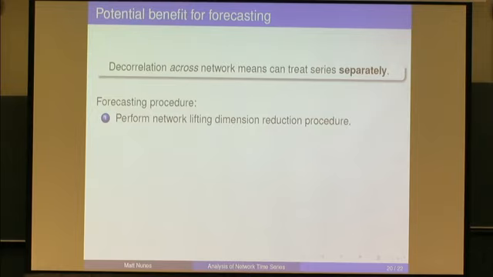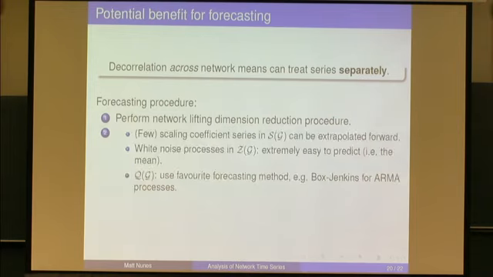So in terms of forecasting, what you do is perform this network lifting procedure, get rid of the cross-correlation and a lot of the autocorrelation. The scaling coefficients we transform, we can extrapolate forward normally. The white noise processes, we know how to deal with that, so we just use a null prediction forward, whatever the mean of the Gaussian process is.